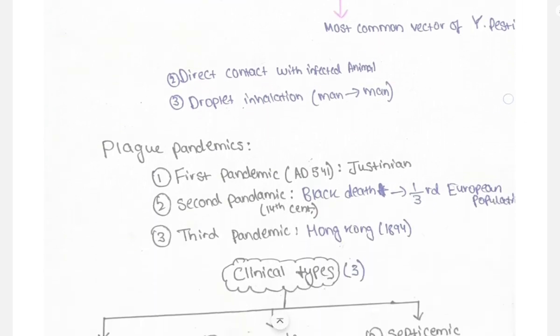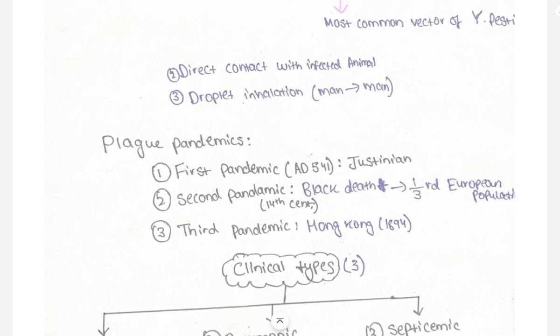Moving on to the major plague pandemics that took place, we know the first pandemic took place in around AD 541 at the time of a Roman emperor known as Justinian. Okay, the second plague pandemic was called the Black Death, and we'll know why it was called the Black Death a bit later in the video. It occurred around the 14th century, and this was a horrible plague.